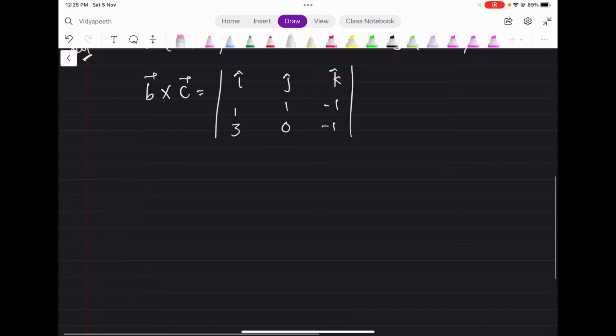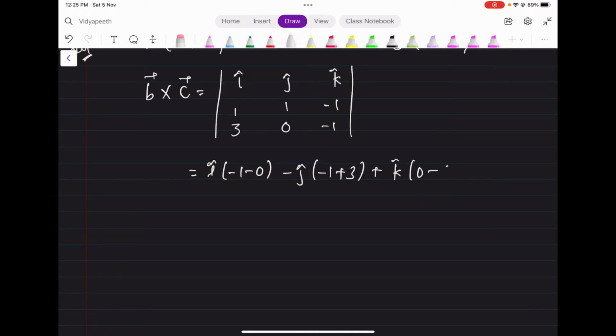Now if we expand this, i times minus 1 minus 0, minus j times minus 1 plus 3, and plus k times 0 minus 3. So the required vector we get from B cross C is minus i cap minus 2j cap minus 3k cap. That is the value of B cross C.